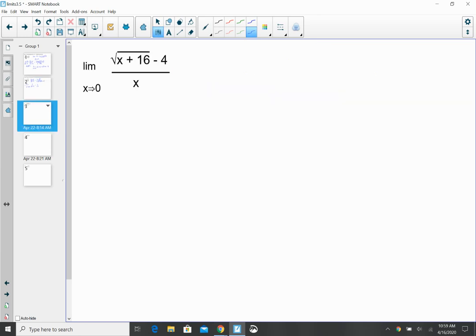Okay, all right. What changes here? It's just the algebra. But again, plug in first, make sure. You're going to get 0 over 0. Now the conjugate here is a little bit different. The square root is going to remain the same. So the square root of x plus 16, change the sign, and then put the 4.